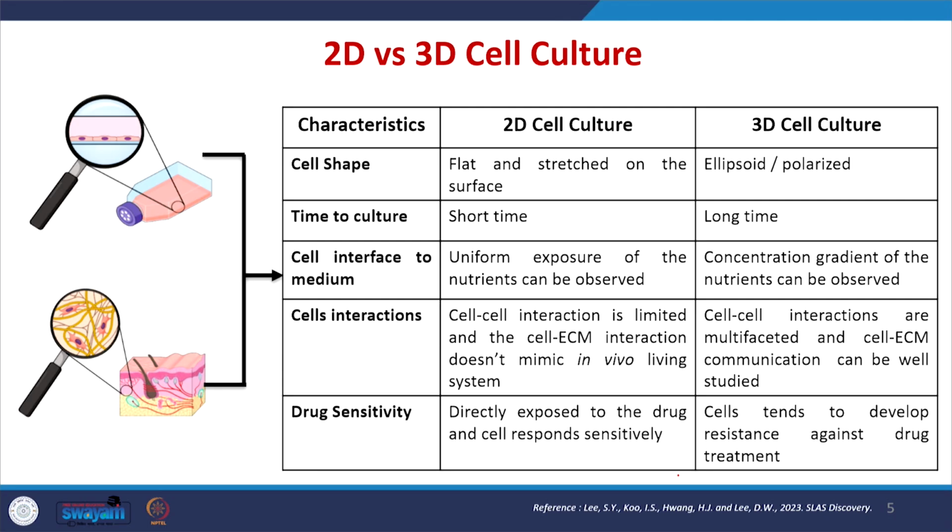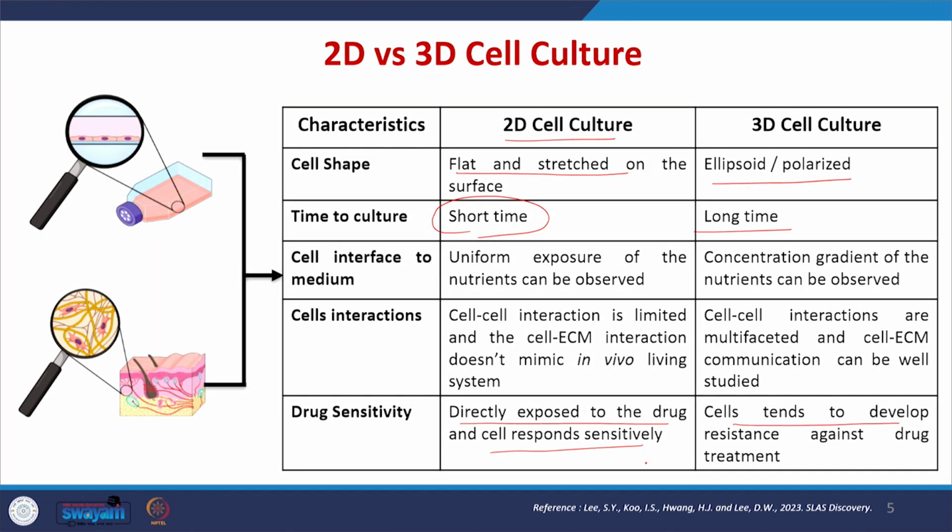As I told in the previous slide, when we compare the 2D cell culture and 3D cell culture, in the 2D cell culture we get a flat and stretched cell shape, whereas in 3D cell culture we get an ellipsoid or polarized one. And 2D cell culture is easy to culture in a short time, and 3D cell culture needs a long time to grow the cells in the 3-dimensional scaffold. And as I told earlier, all the cells are directly exposed to the drug and cells respond sensitively, whereas in a 3-dimensional scaffold cells tend to develop resistance against drug treatment.